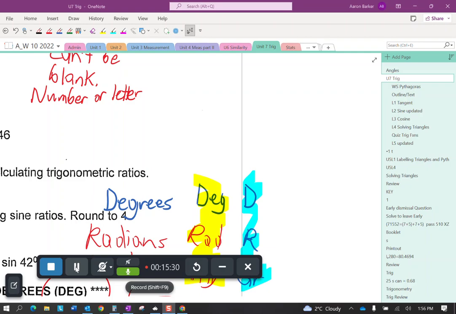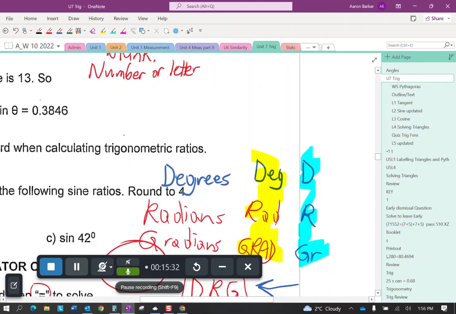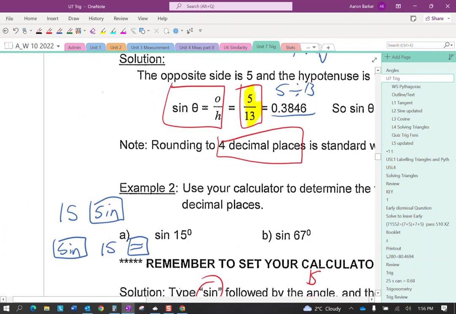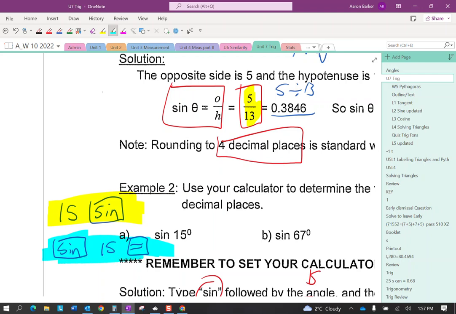So going on then, we have sine 15 degrees. How do you do it on your calculator? For most calculators, you're going to enter it in 15 sine on all phones. Newer calculators, if you see the word sine on your screen, when you press sine, you'll enter it in the bottom in blue.